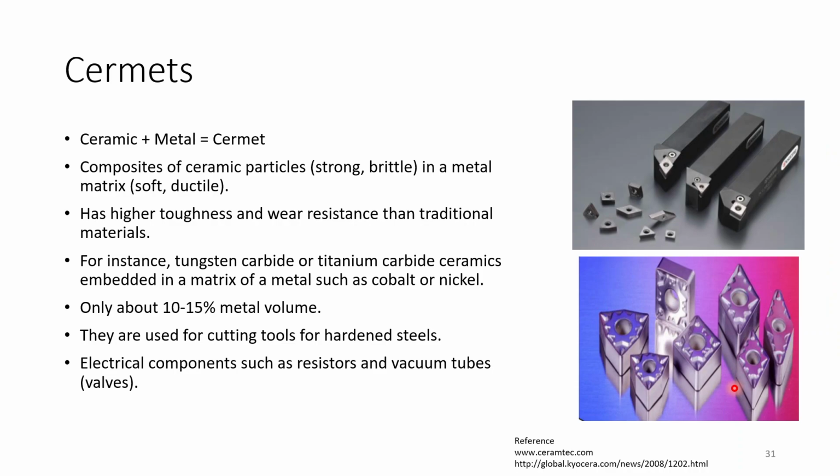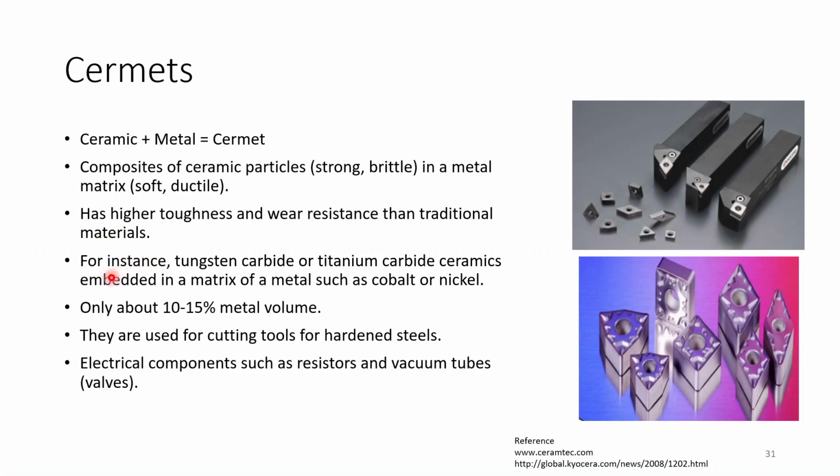Next we have cermets. A cermet is made of ceramic and metal. In this case, it is a composite of ceramic particles, which are strong and brittle, in a metal matrix, which is soft and ductile, and it has higher toughness and wear resistance than traditional materials.